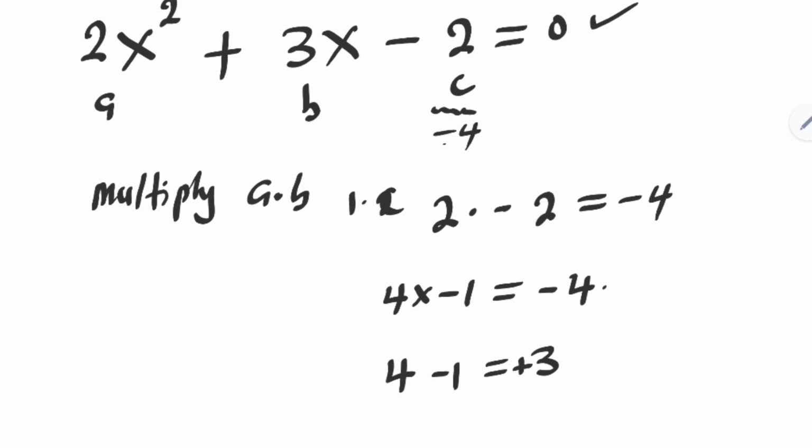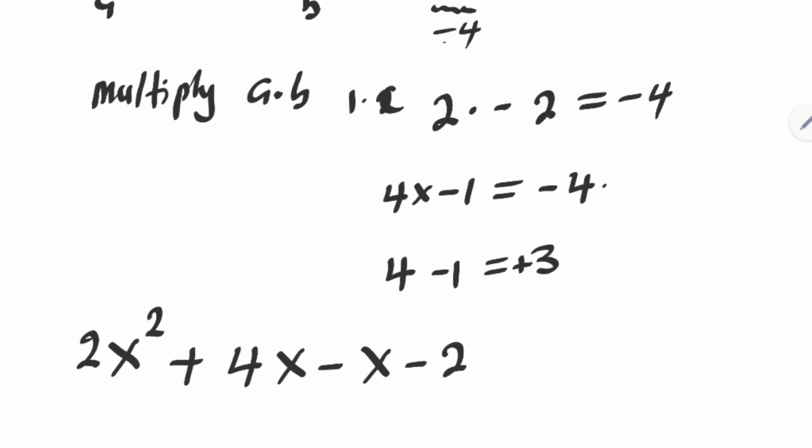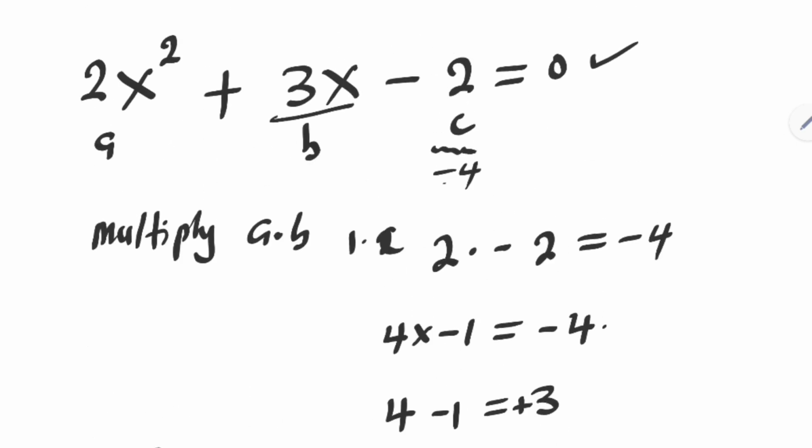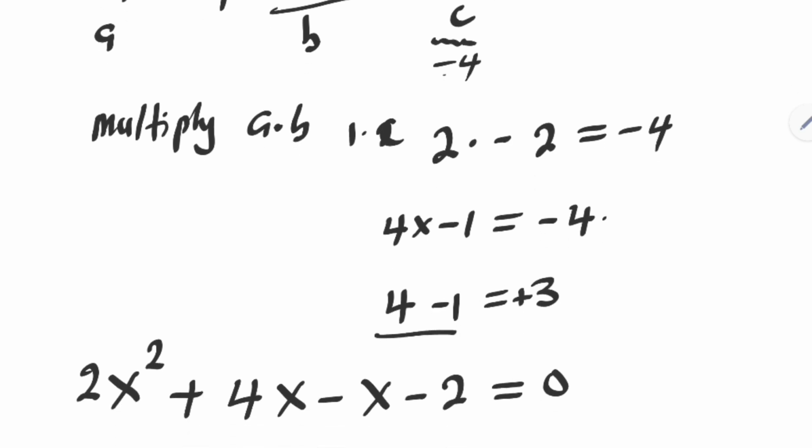Now the whole of this equation can be written as 2x squared plus 4x minus x minus 2 is equal to 0, because this plus 3x is now being replaced by 4x minus x.